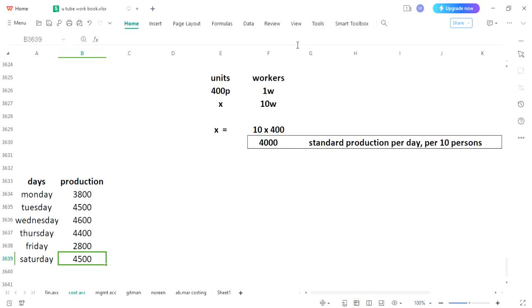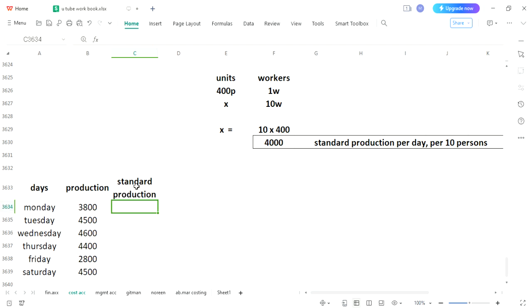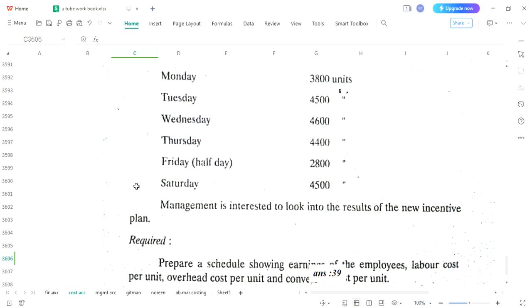Alright, we have written our production according to our question, and look here, the standard production was calculated. We will mention over here standard production, and that is 4000 for every day except for Friday, which is half.